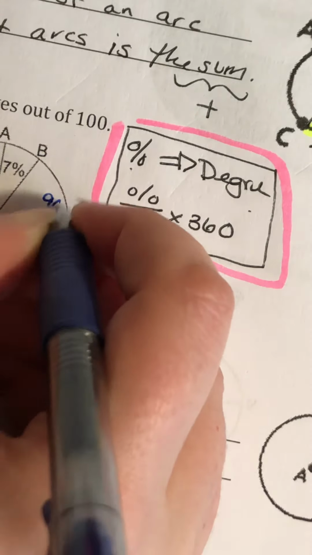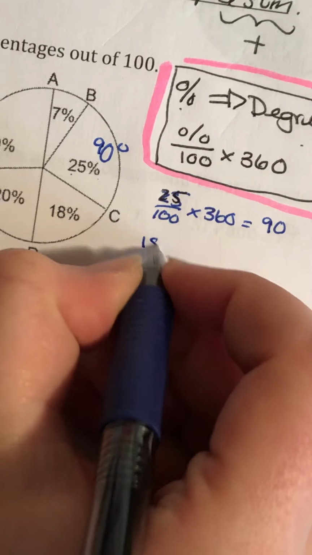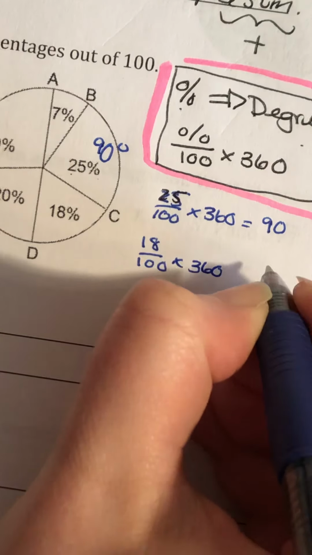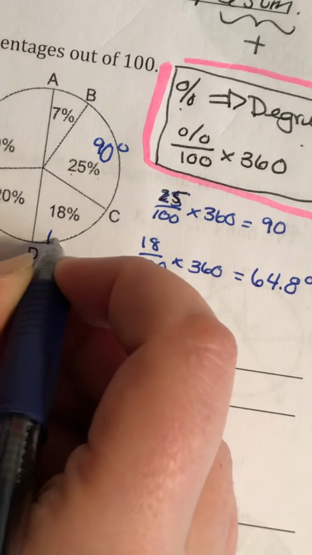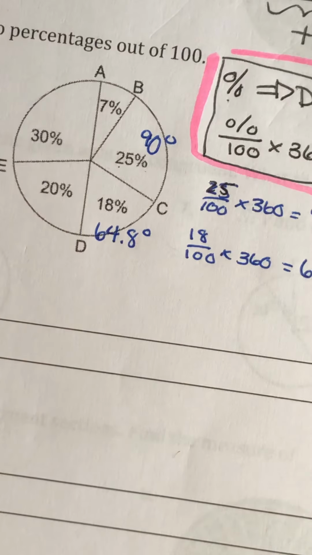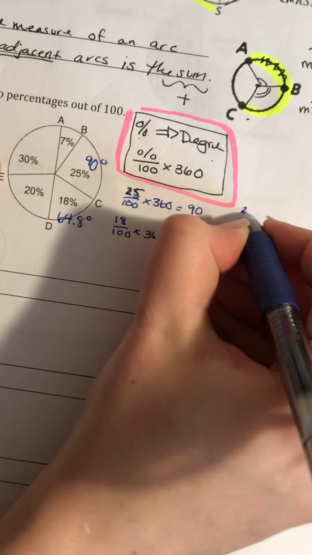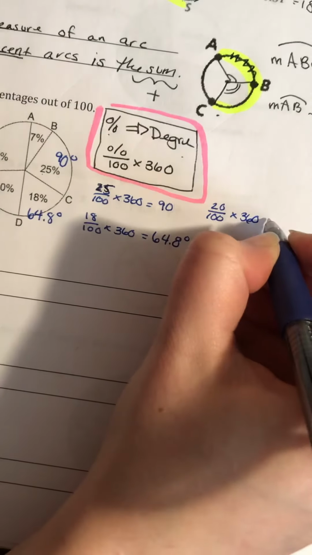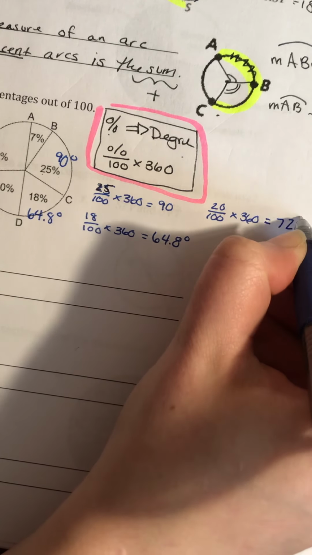So this is 90 degrees. 18 over 100 times 360 is going to give you 64.8. Remember, this is in degrees. 20%, it's going to be a fifth of 360. So 20 over 100 times 360 gives me 72.